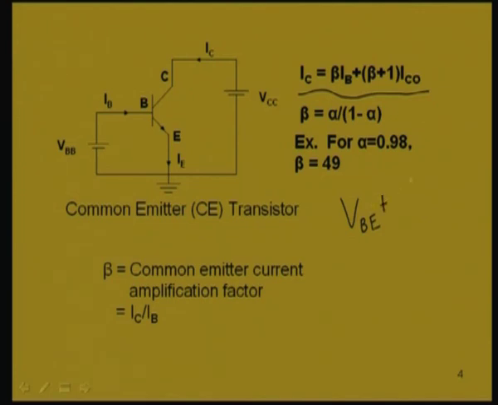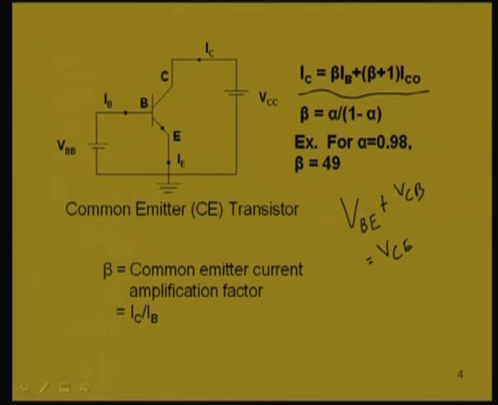If we increase the collector to emitter voltage, then obviously the collector to base voltage will increase, because VBE is almost constant at 0.7 volt.